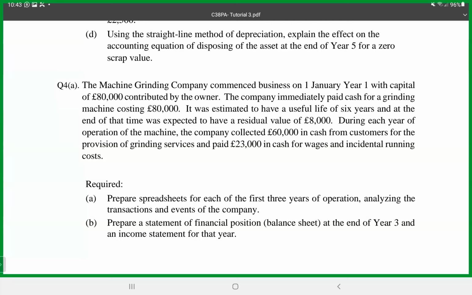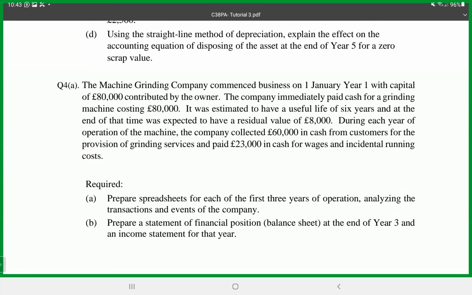These are key things that you need to get. The company decides to buy a machine for 80,000 pounds. It is estimated that the useful life is 6 years, and at the end of that time the machine is expected to be resold at the value of 8,000 pounds.